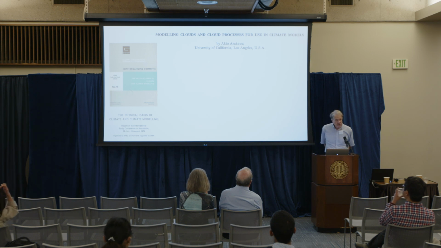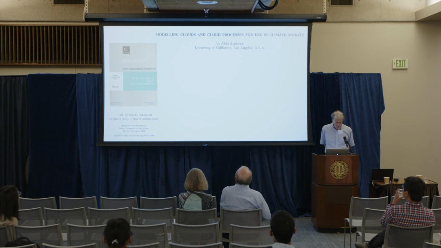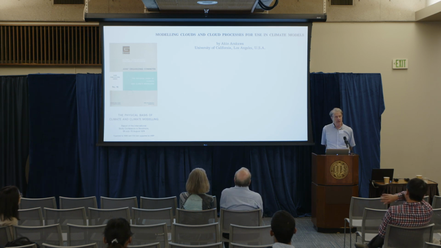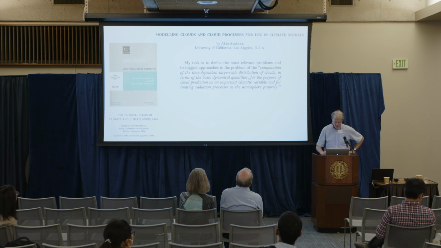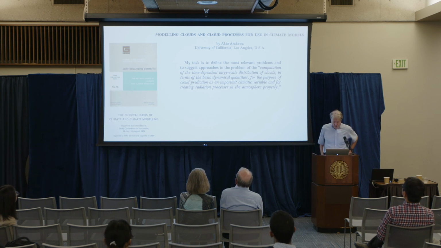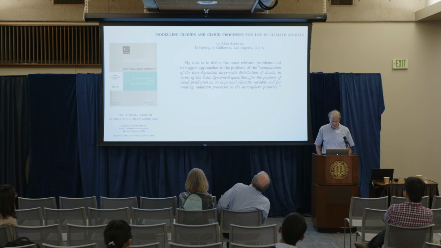When I came to UCLA, it was 1975, and this report on the physical basis of climate and climate modeling had just come out, and a lot of the students in Arakawa's group read this report because it was really the basis of studying cloud systems. And this pretty much laid out the task that he had for himself and his students for the next decades.